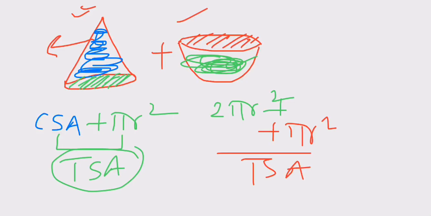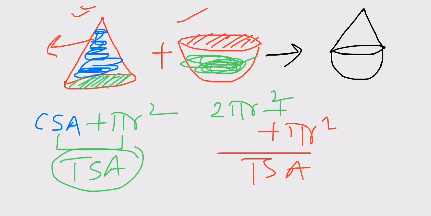But when we combine these two figures to obtain the toy in this way, keep in mind one thing, that this internal circular area will not have to be included.